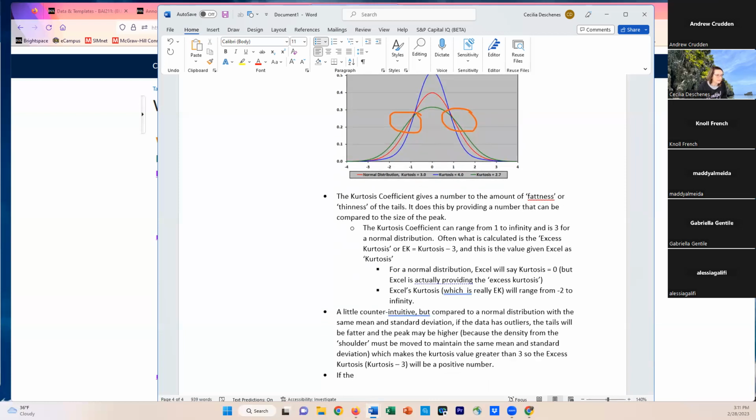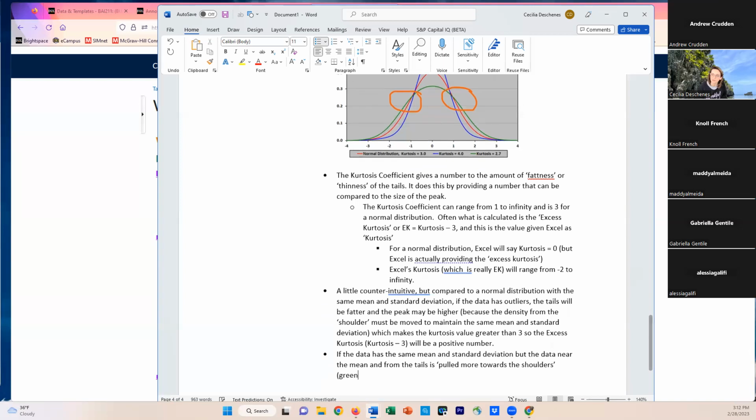All right. If the data has the same mean and standard deviation, but the data near the mean and from the tails is pulled more toward the shoulders, this is the green curve above.